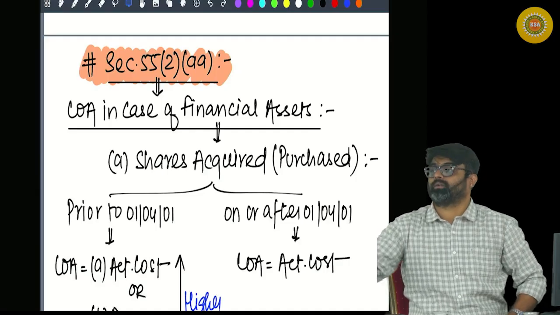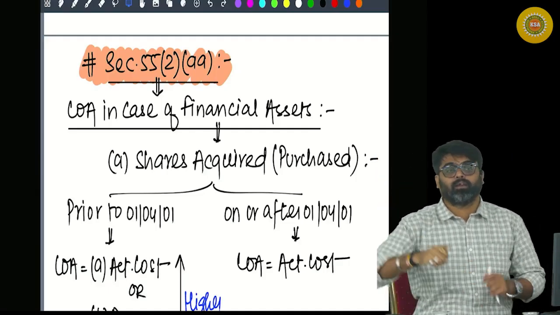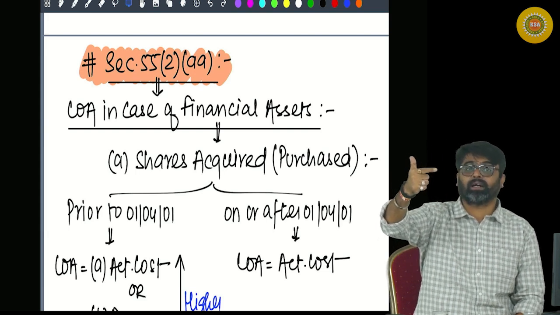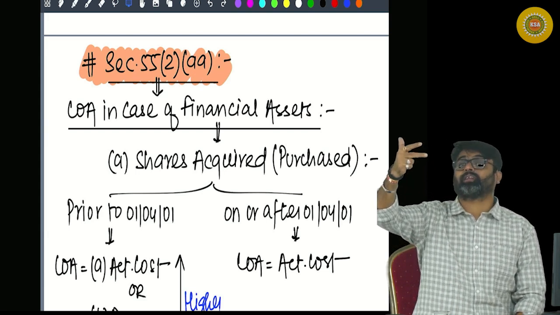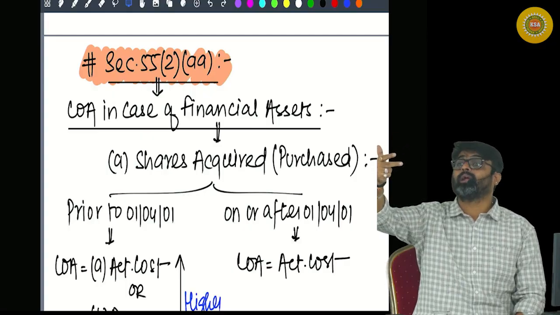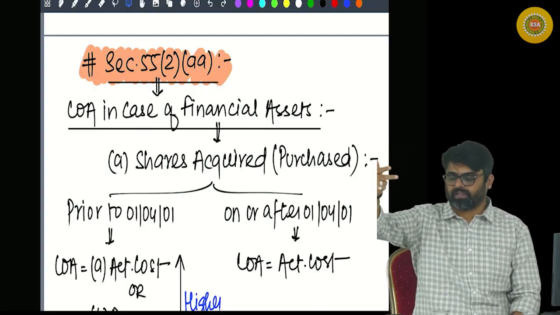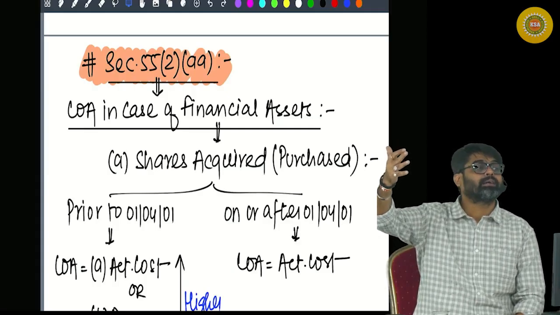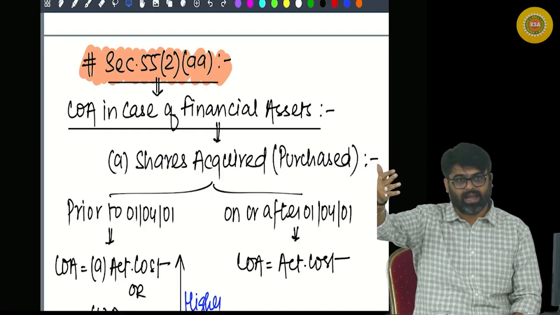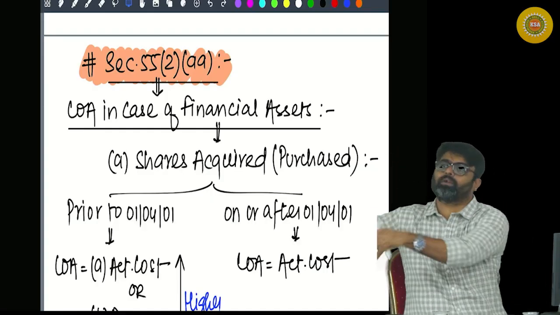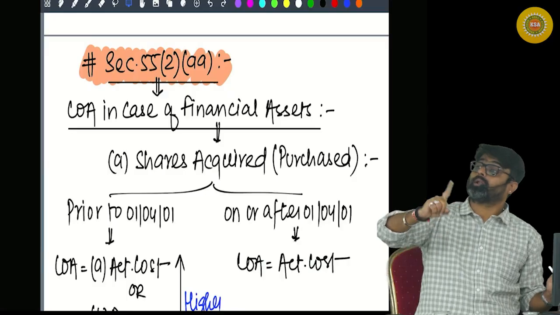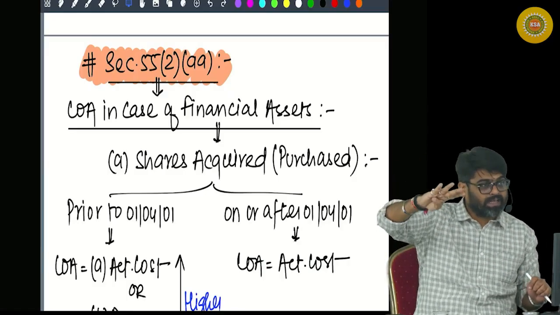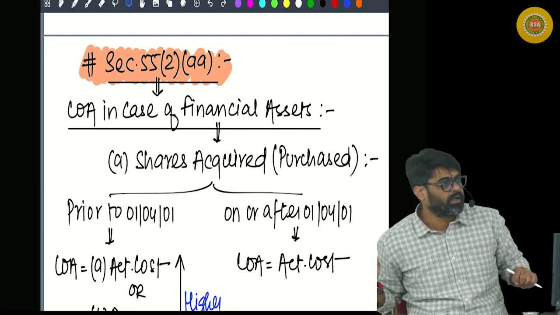Cost of improvement will also be taken as nil for goodwill of business or profession, any other intangible asset, right to carry on any business or profession, right to manufacture, or any other rights. Yes or no? For these 5 assets, cost of improvement is also taken as nil. But trademark, brand name, tenancy right, loom hours, stage carriage permits, their cost of improvement will be actual.